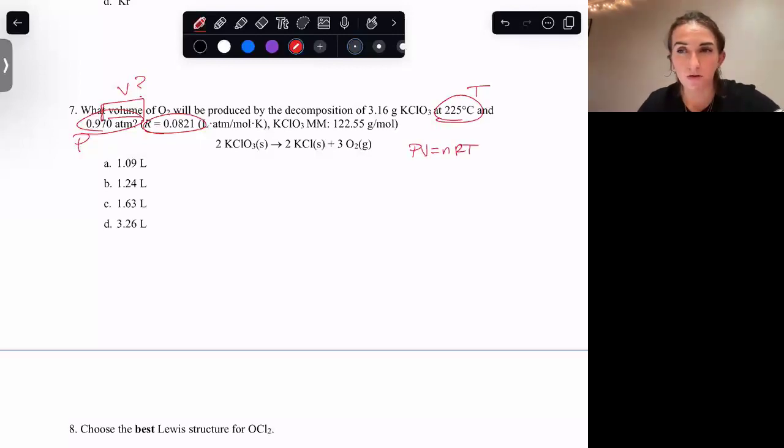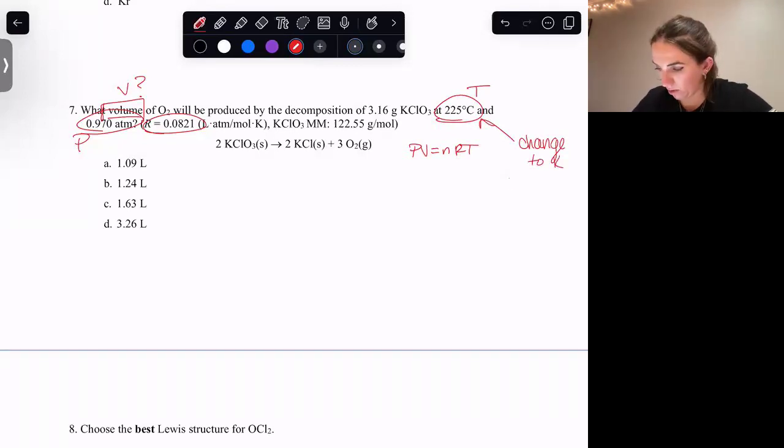What's the problem though? What units do we need to be in order to solve PV equals nRT? Good, we need to be in Kelvin, so this needs to be changed to Kelvin. What else?